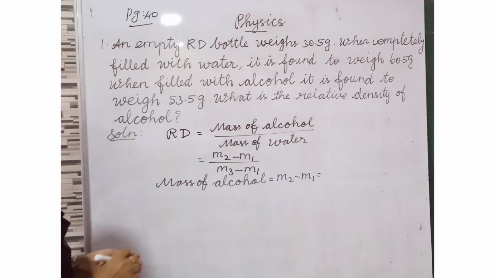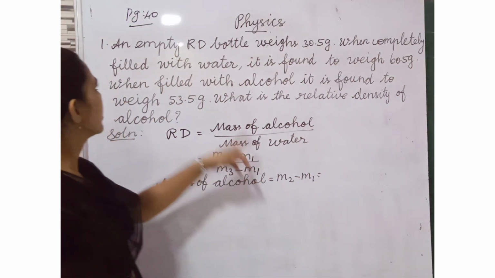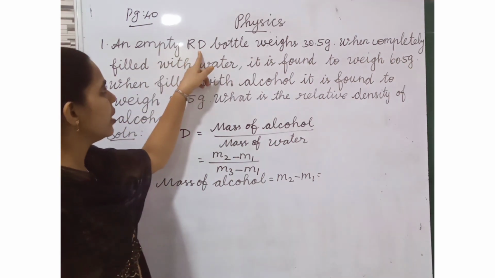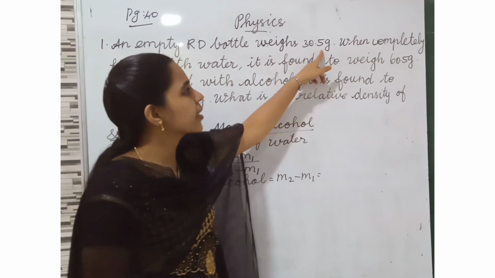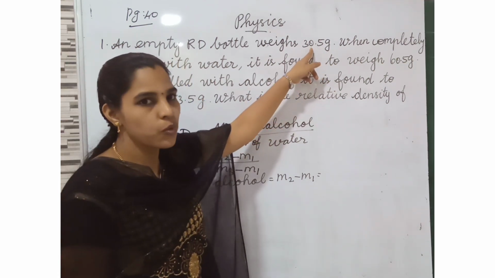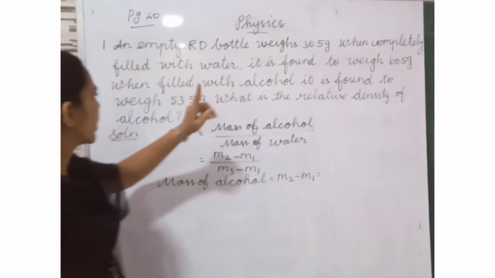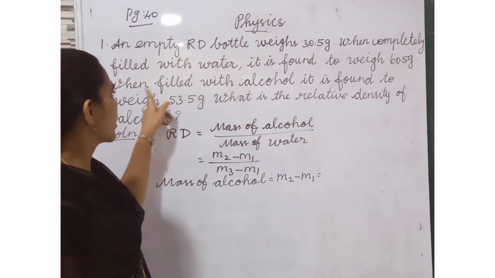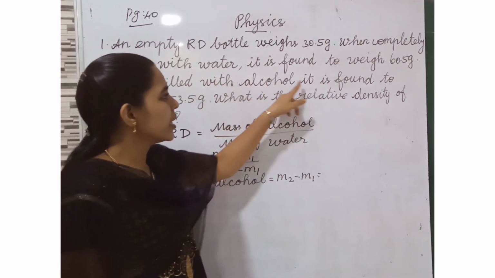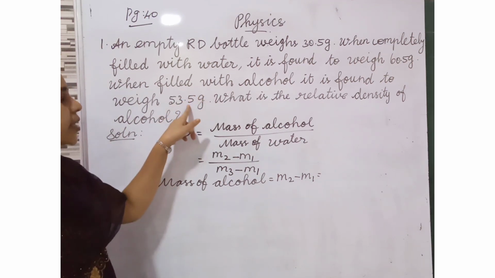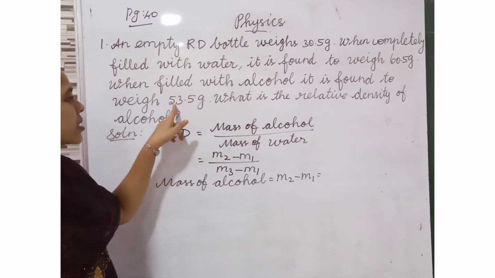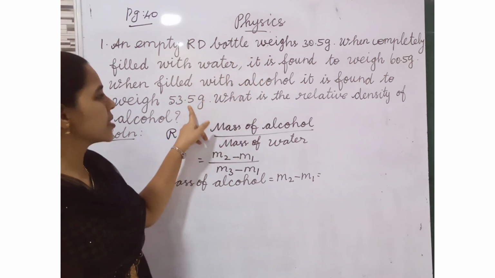So, what is the number of M2 here? Listen, an empty RD bottle weighs 30.5 gram. So, this is M1. Then, when filled with alcohol, it is found to weigh 53.5. After filling alcohol, the weight is 53.5 grams. So this is M1 and this is M2.